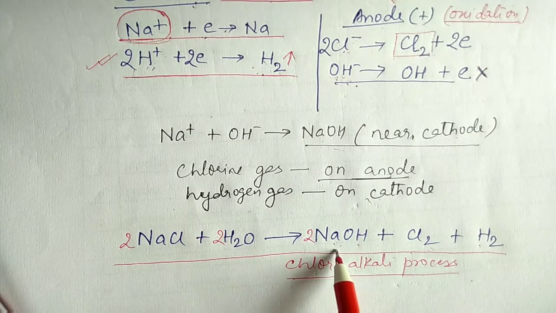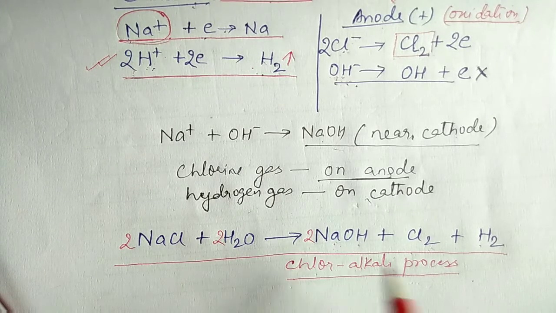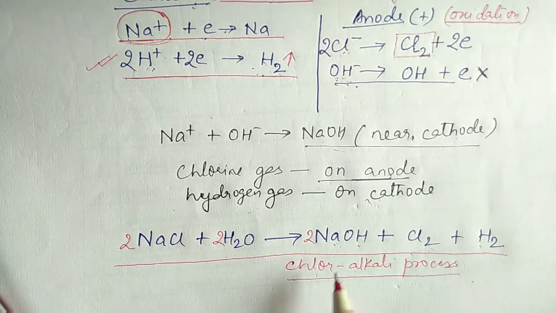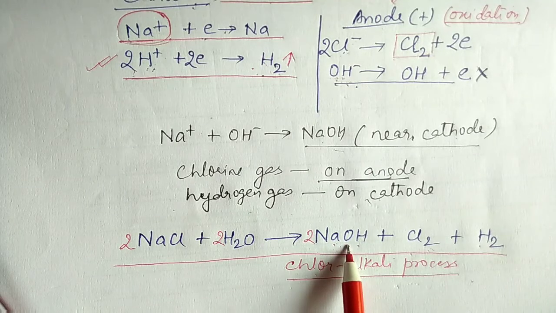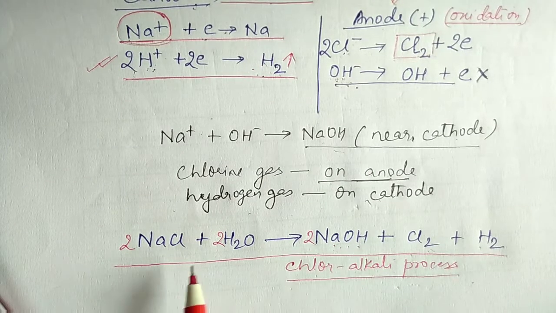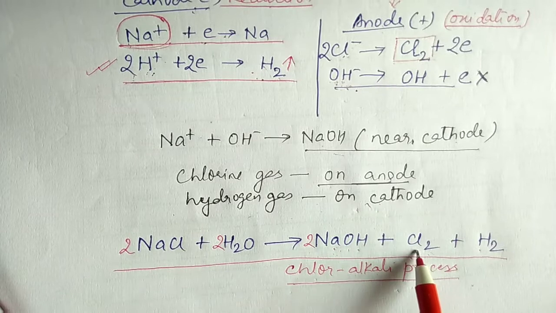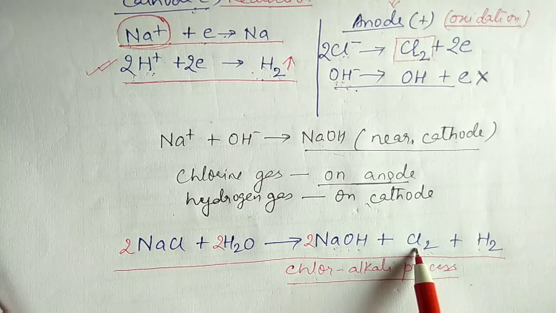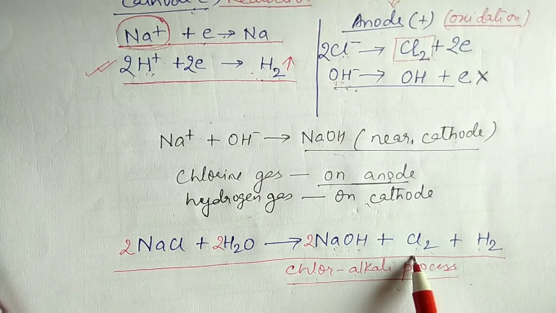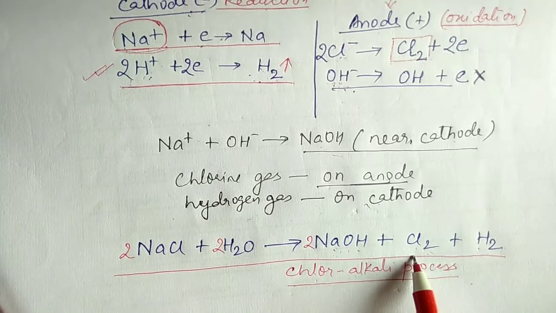It is one of the main chemicals used in extraction of aluminium from bauxite ore. Now I will discuss the uses of chlorine. Chlorine is used as a disinfectant. It is also used in preparation of pesticides and in water treatment.